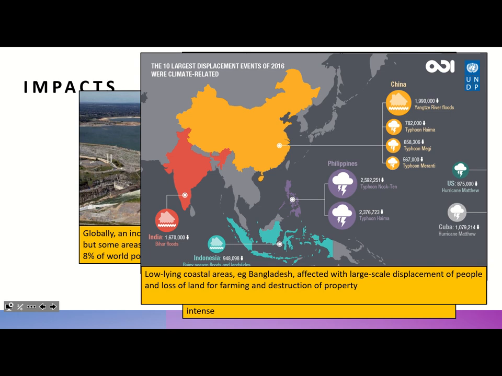The point you can make here is not only are low-lying coastal areas like Bangladesh going to flood, that's potentially straight away marks for you, but that is going to go on to lead to the large-scale displacement of people and land loss and farming land loss and food supply in that region. And that will go on to spark potentially a geopolitical disaster through the mass migration of refugees from a flooded area.